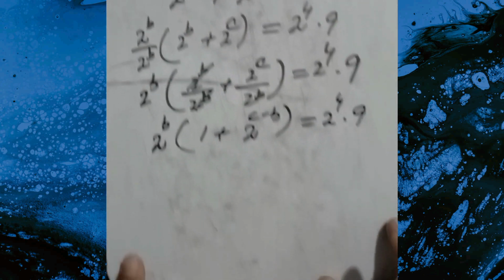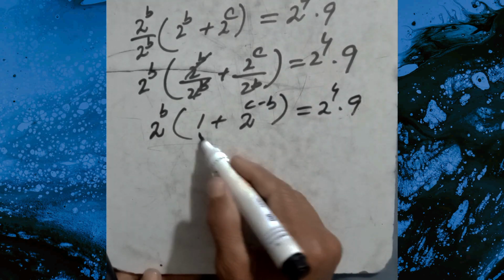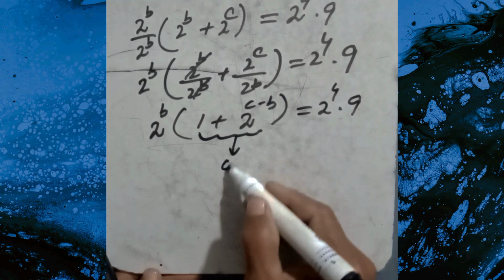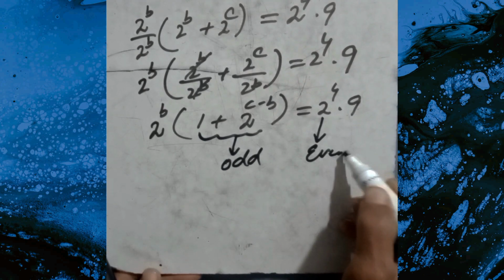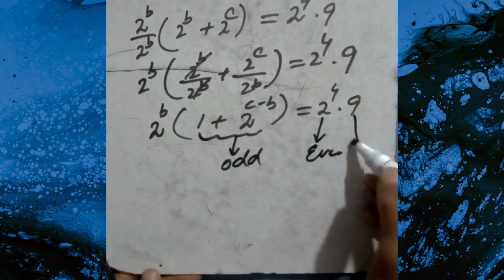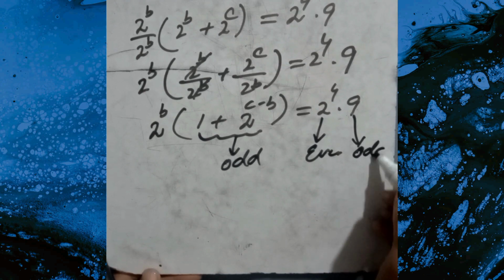Now 2 power b cancels, giving 1 plus 2 power c minus b by the exponent rule, is equal to 2 power 4 into 9. Look here, we get odd values and even values. 2 power 4 is 16, and here this 9 is an odd number.